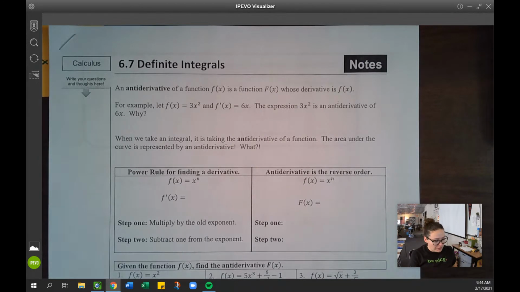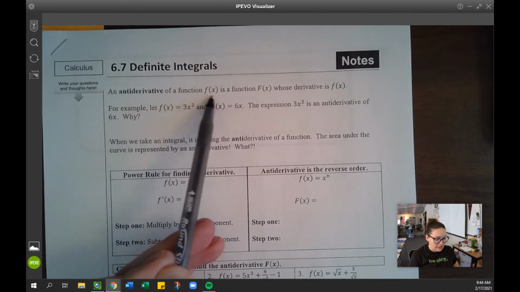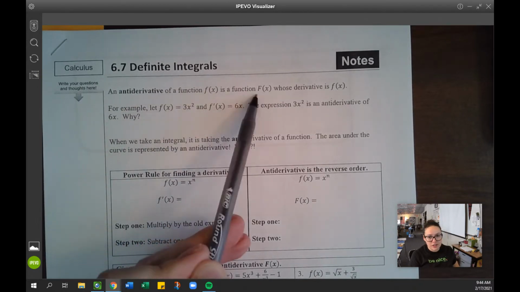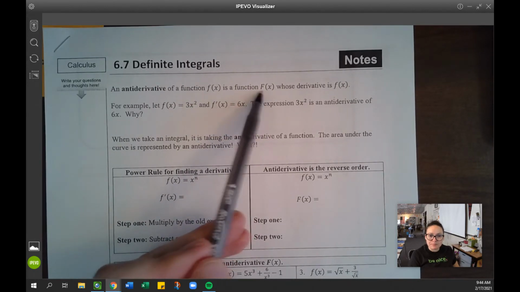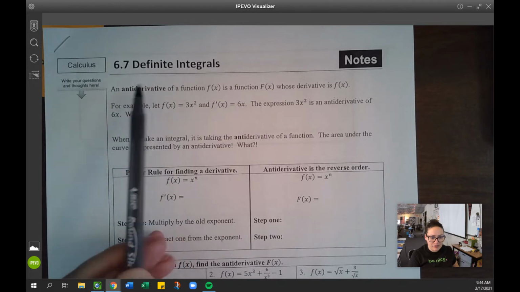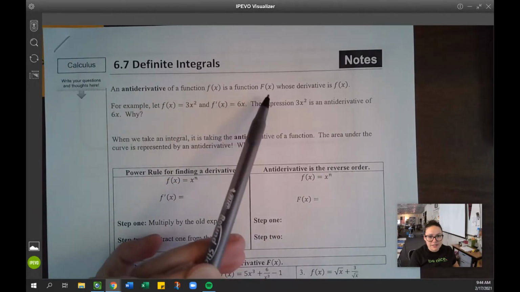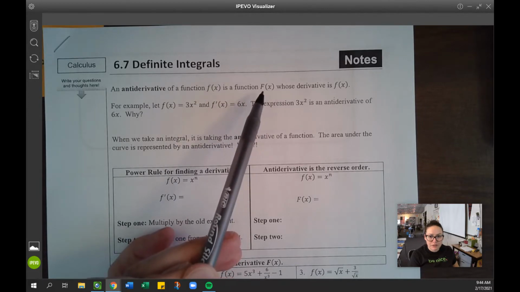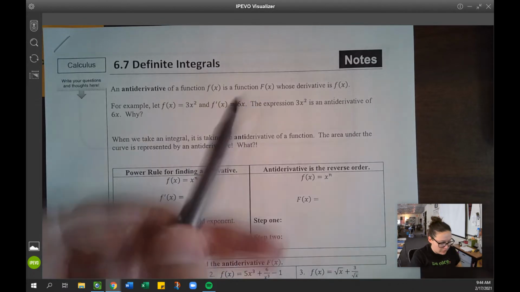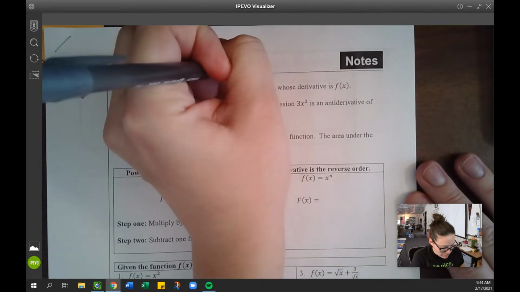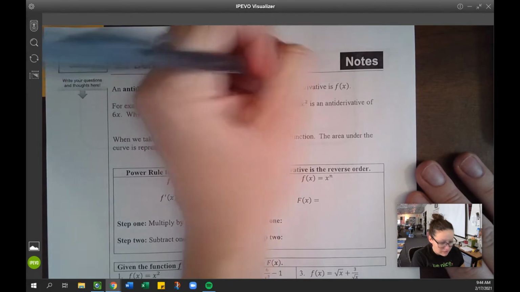The antiderivative of a function little f of x is a function big F of x. We've talked about this before, where the antiderivative or the integral of little f is big F. So if I took the derivative of big F, big F prime of x is little f of x.